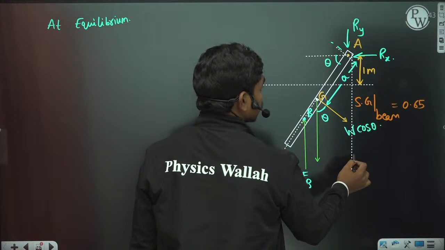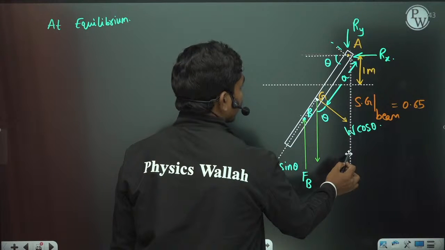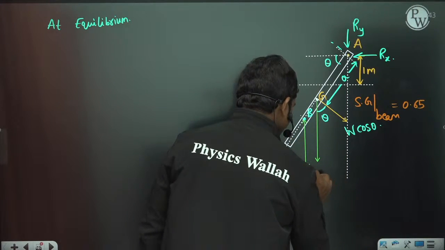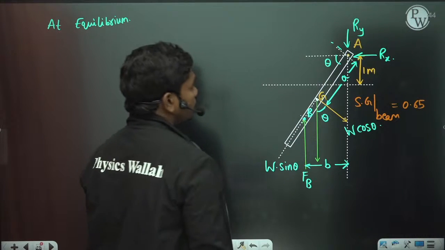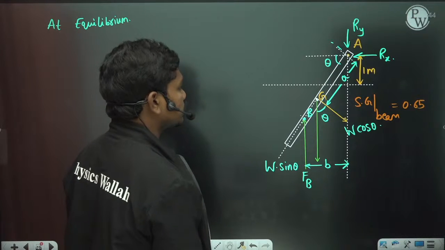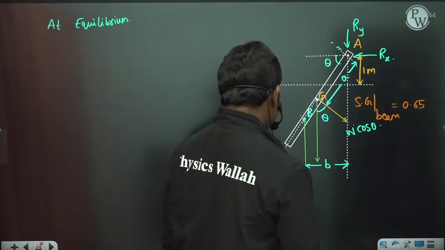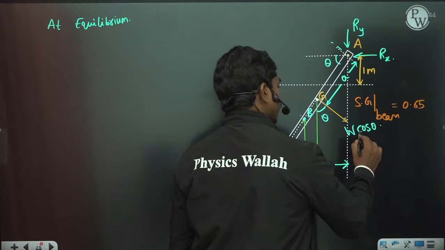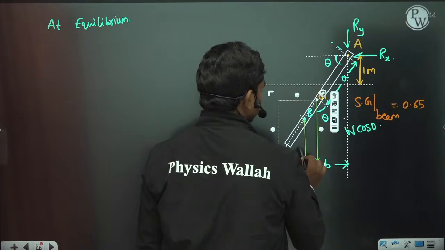Similarly, let us suppose the perpendicular distance between these two lines is B. At the same time, let us not resolve this also. Rather than resolving, let us do it as a single force by taking moments about this vertical axis.